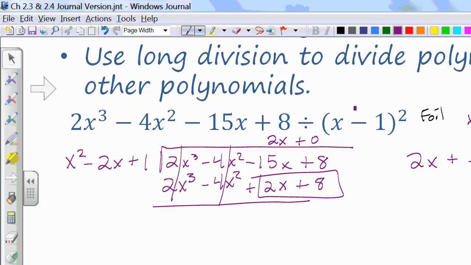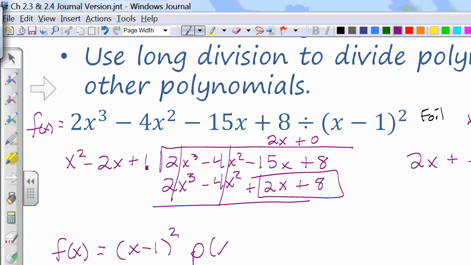Now, the thing I want you to remember is there's another thing that WebAssign does. If we say this is f of x, what we're now saying is that f of x is equal to my divisor, times another function, plus the remainder.